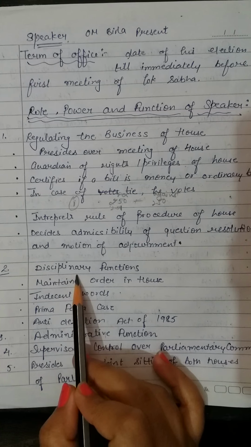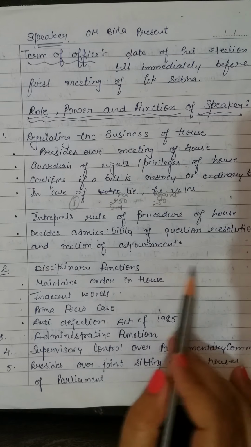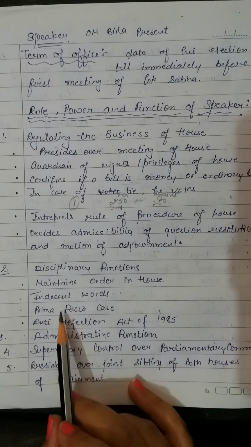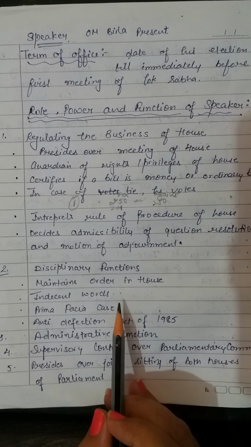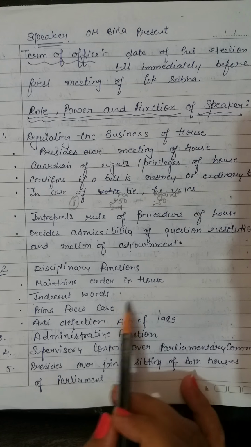Second is the disciplinary function. That means maintaining discipline in the house. He maintains order in the house. It's his duty. If he thinks somebody is using harsh words toward another, he can stop them.